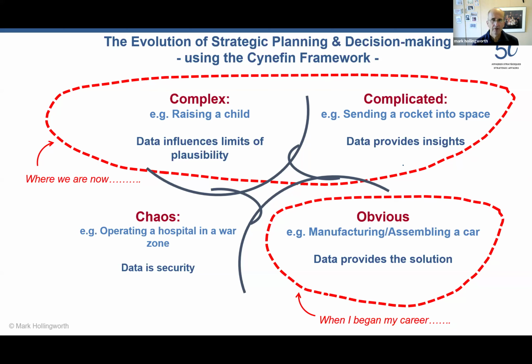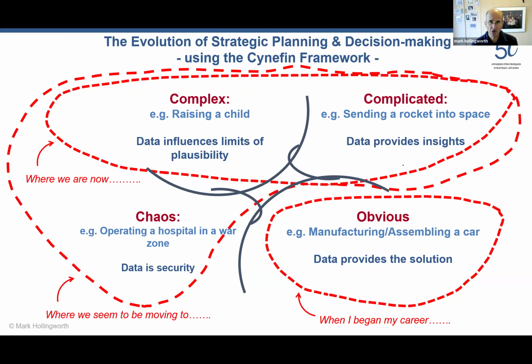And I believe now we're on the verge of a new frontier where many organizations, many teams, many decisions are now taken in an environment which is almost bordering on the chaos quadrant of the Cynefin framework. Relying on the data purely makes us feel better. What we really have to do is completely revamp our strategic planning process, our strategic decision-making process, so we do have the best decision possible.